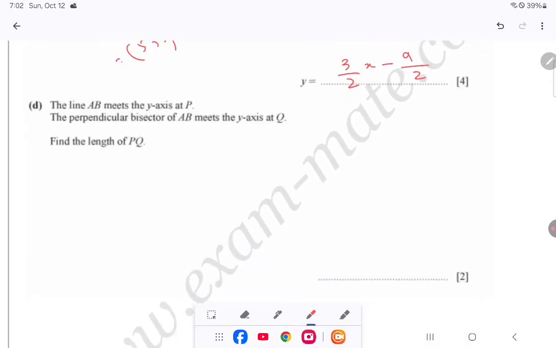The line AB meets the y-axis at P. The perpendicular bisector of AB meets the y-axis at Q. Find the length of PQ. So it is saying we have to draw the diagram in the form of a graph like that.